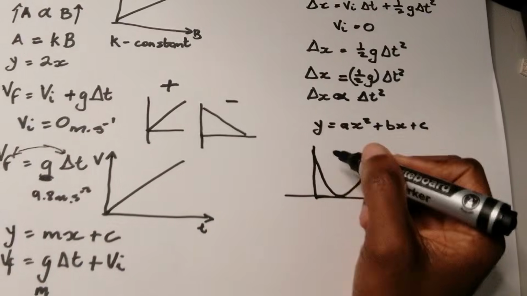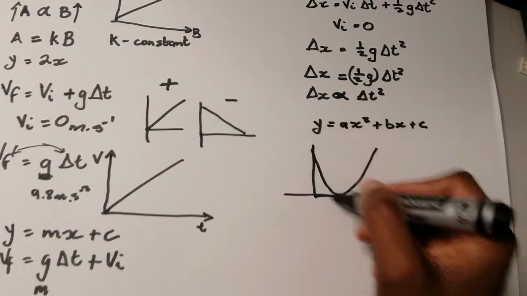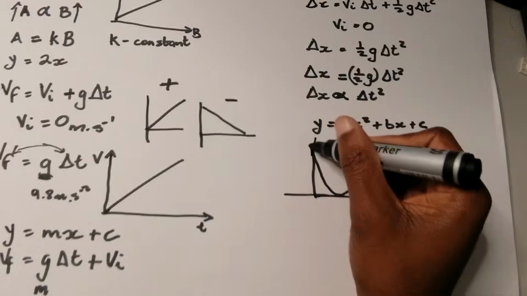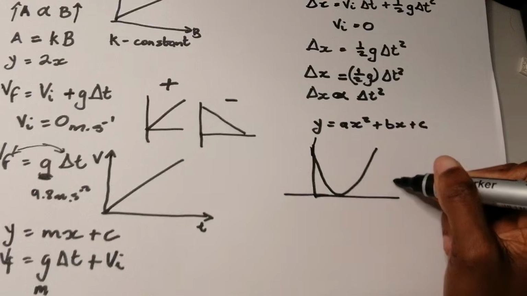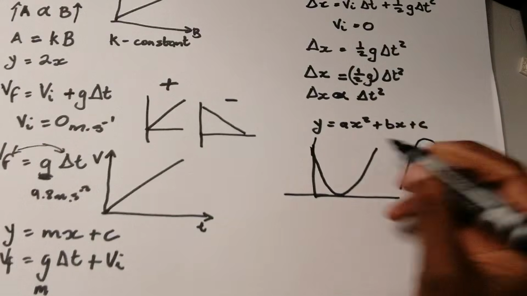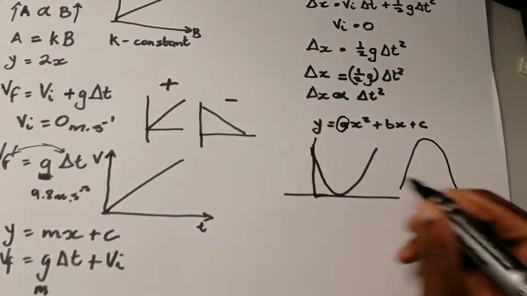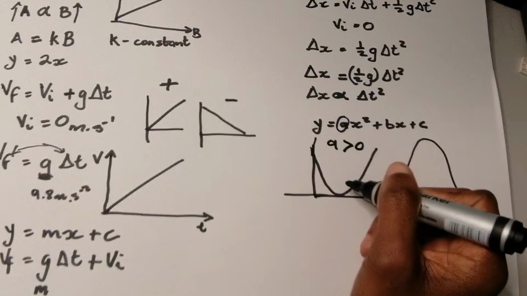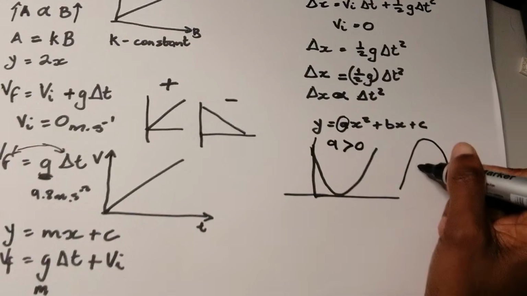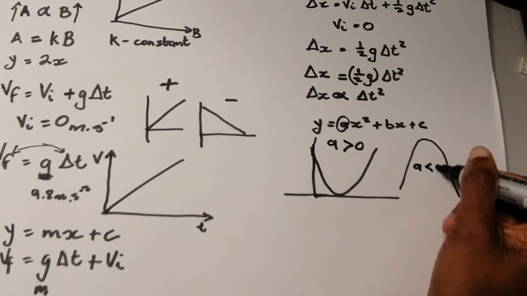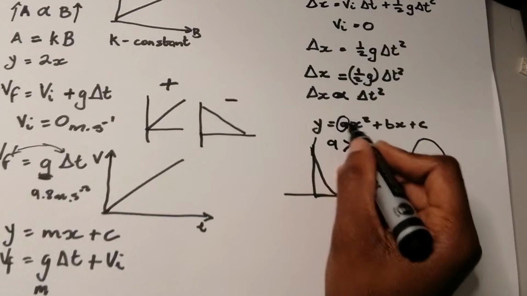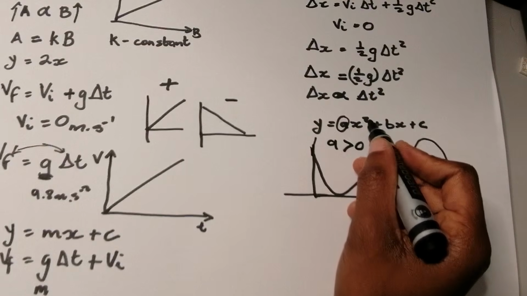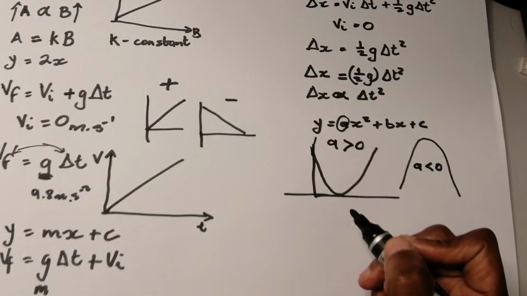Now, whether it is a smiling parabola, or in this case a sad parabola, depends on the value of a. So this one, your a value would be greater than 0. That's a smiling graph. Here a would be less than 0, meaning the coefficient of the x squared term determines the shape of your graph, isn't it?